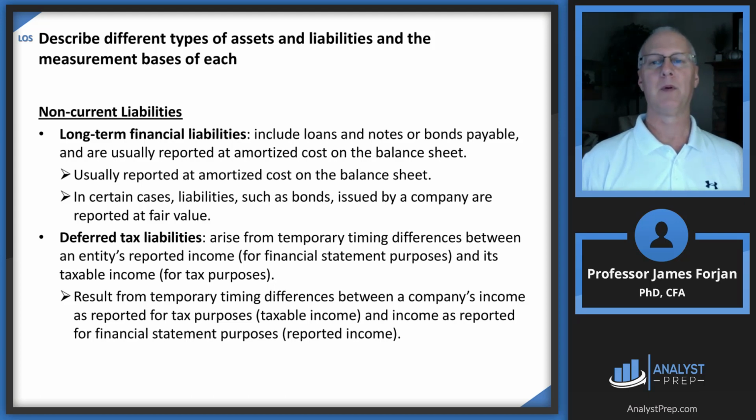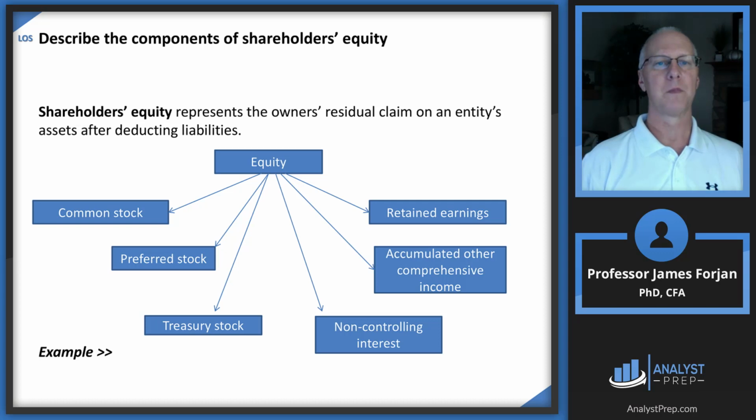And there's probably a temporary difference that arises between those two, mostly because of the non-cash expenses. Sooner or later, those temporary timing differences are going to resolve themselves, but sometimes they don't. That's a discussion for an intermediate accounting class.